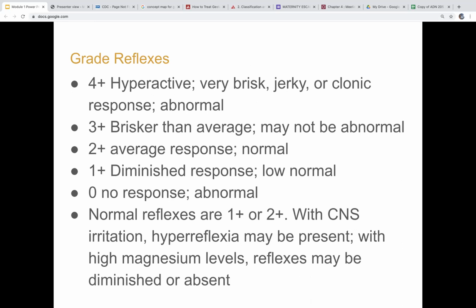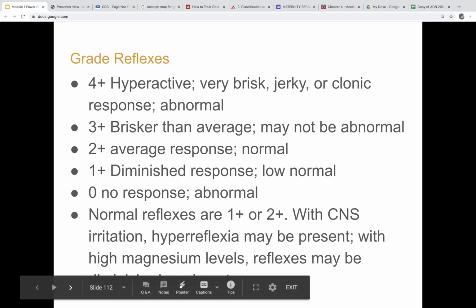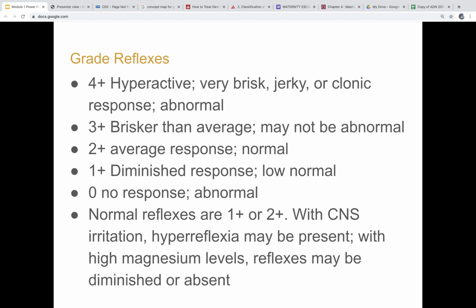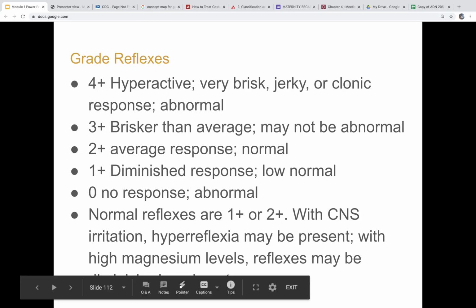And with no response, your respirations are going to be tanking. So normal reflexes are 1 to 2. And we want to watch for high and low levels of magnesium. Hyperreflexia may be present, and with high magnesium levels, reflexes may be diminished or not present.